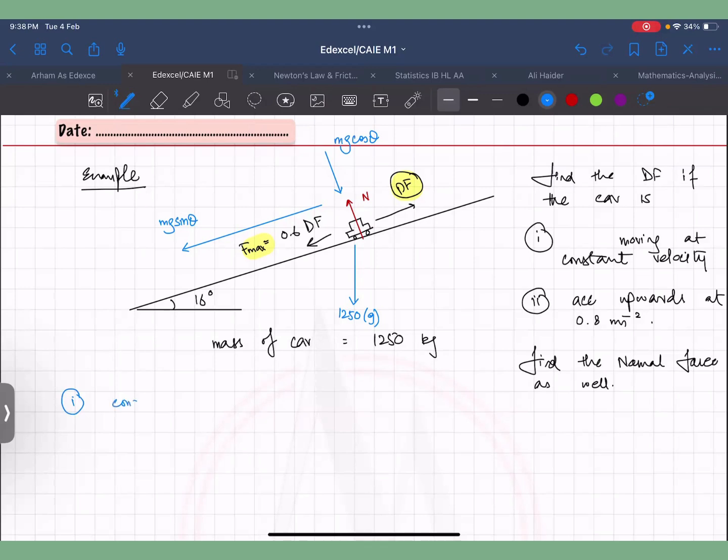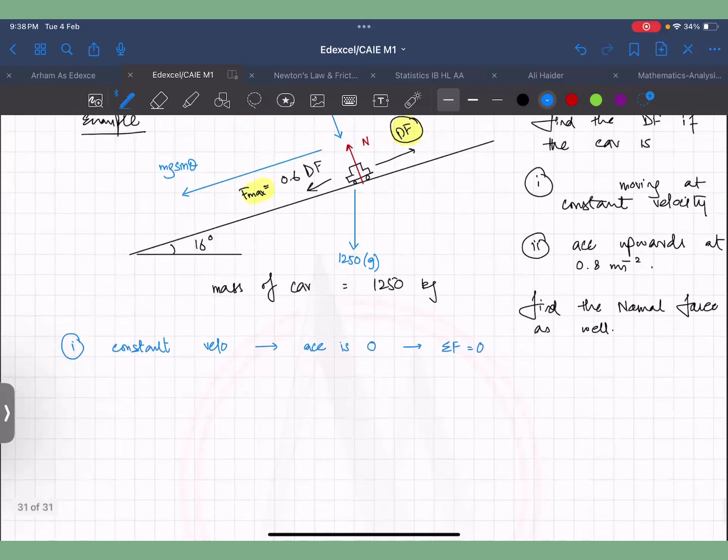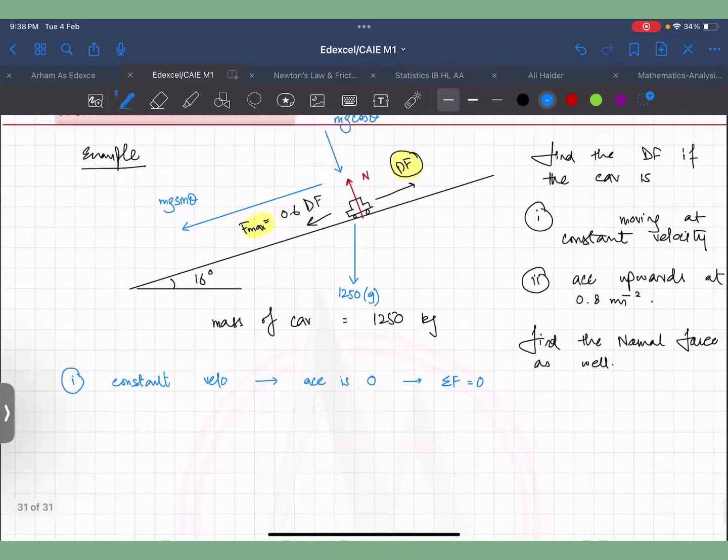Constant velocity means acceleration is 0. And if acceleration is 0, then the resultant force, the sum of forces, would be 0. So the forces which are pushing it upwards and the forces which are pushing the car downwards, they both are equalizing each other.